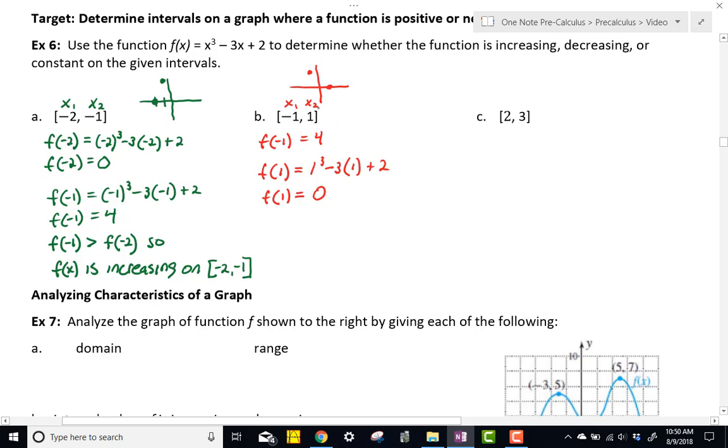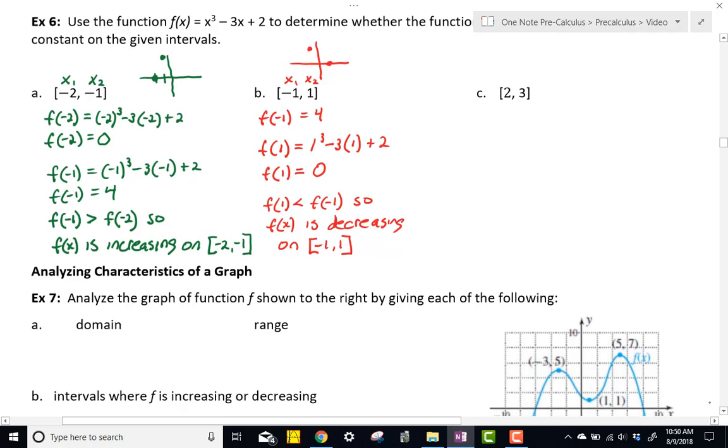I know that f of 1 is less than f of -1. So f of x is decreasing on the interval -1 to 1. I would encourage you to turn off the video and try the last one on your own, 2 to 3, and see what you come up with.